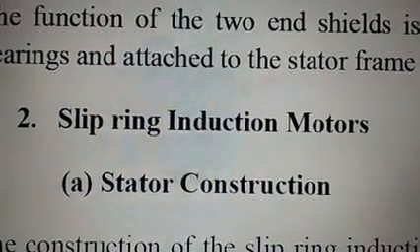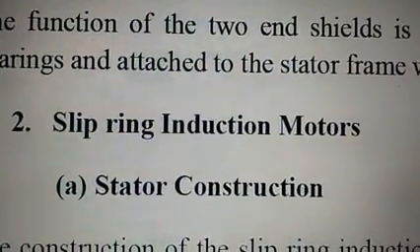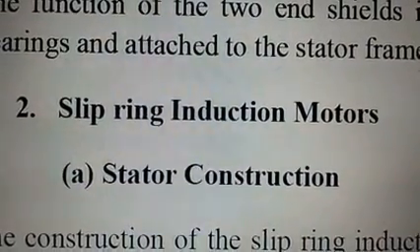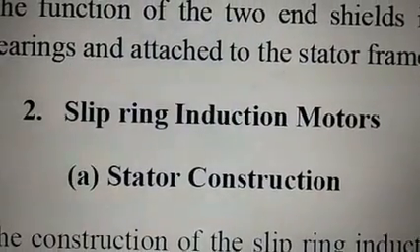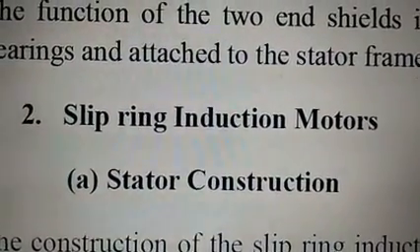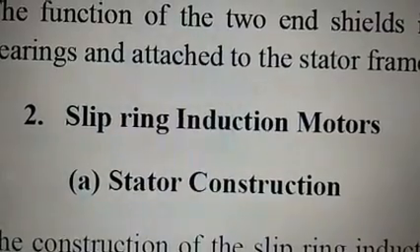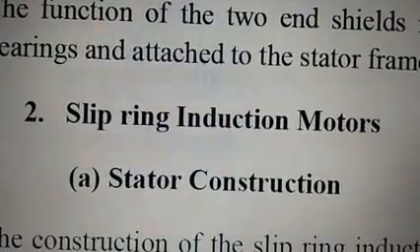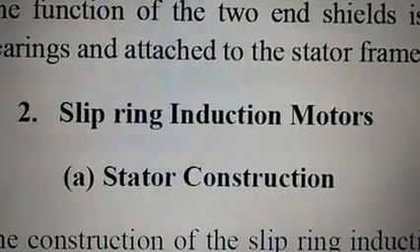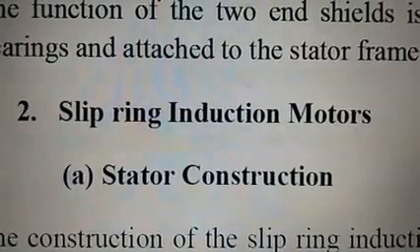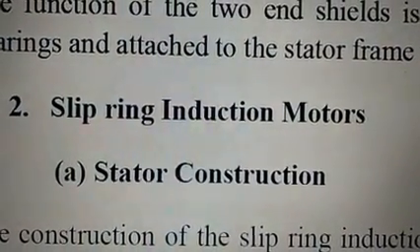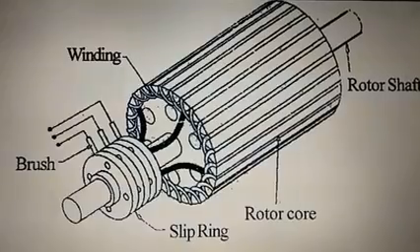Similarly, in the slip ring induction motor, the construction of the stator is exactly similar to that of the squirrel cage induction motor. There is no difference between them, so the stator construction is the same. Now let us see the construction of the rotor for the slip ring induction motor.